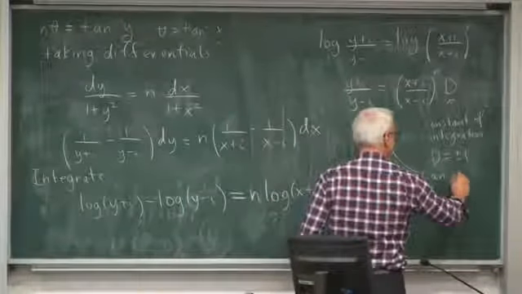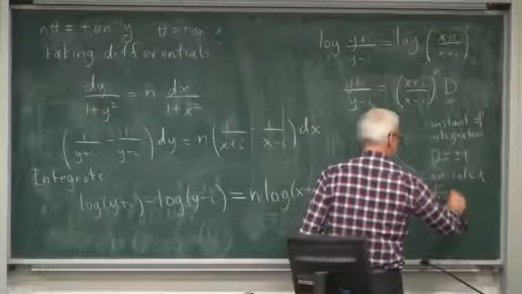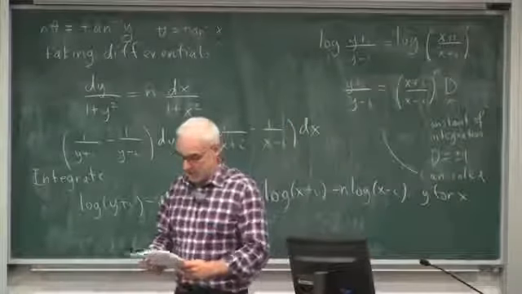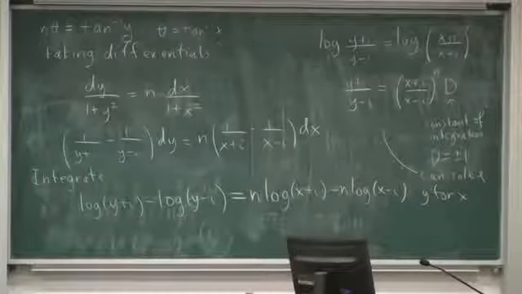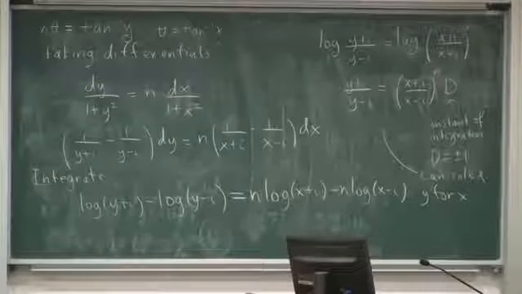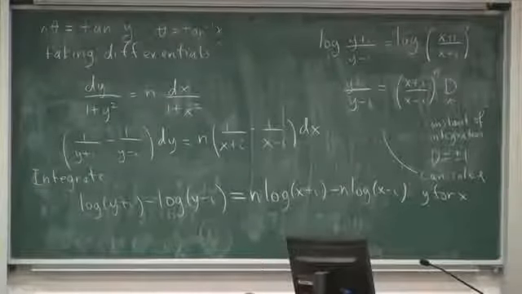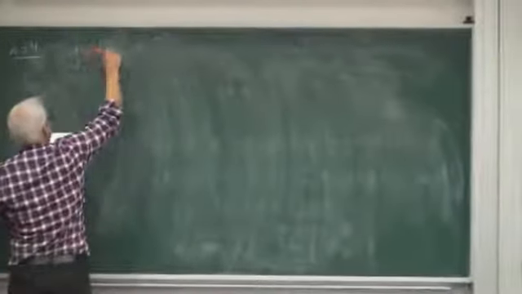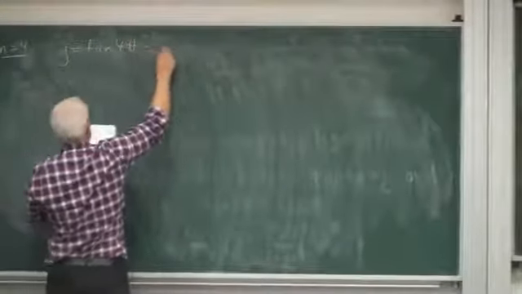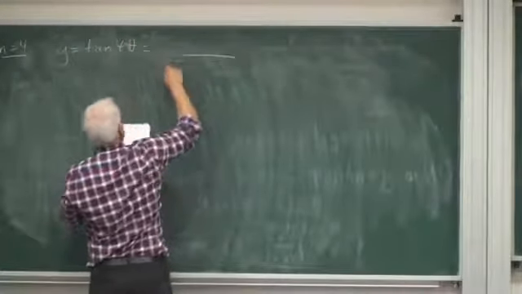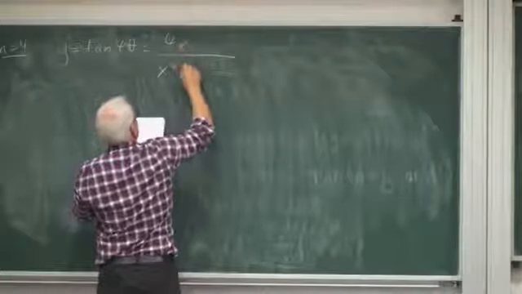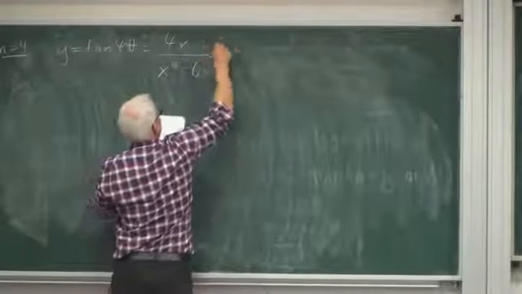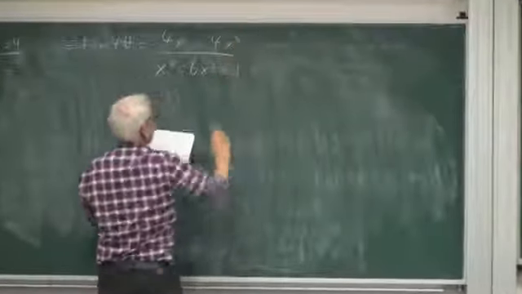So we can solve y for x. And the answer that we get is quite pleasant. So what do we get when we solve that? Well, I'll show you what it is for n equals 4, for example, and I think you'll get the picture. So when n is equal to 4, the relation is that y, which is tan of 4 theta, equals x to the 4th, minus 4x, minus 6x squared, minus 4x cubed, plus 1.